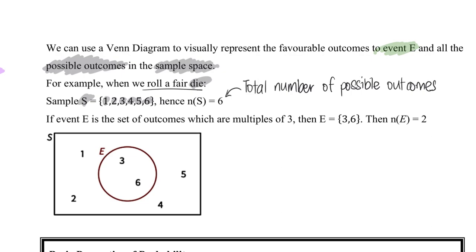And therefore, let's take a look at the event that may happen. If we want to find out the probability of the event where, when I roll a fair die, the number is a multiple of 3, in my mind I need to think how many multiples of 3 there are. I will have 3 and 6.